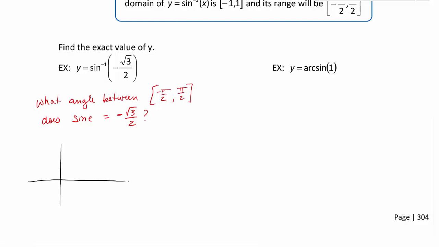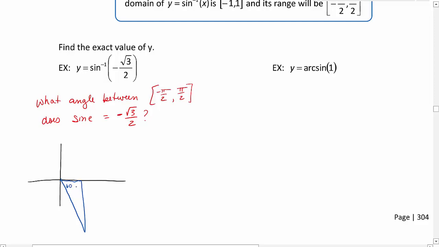First or fourth quadrant that has a sine value of negative square root of 3 over 2. Well, out of those two quadrants, sine is only negative in the fourth quadrant. So I know my triangle's in the fourth quadrant, and the y value, the sine value, is the long side. So I'm going to do short side, long side, make a triangle.